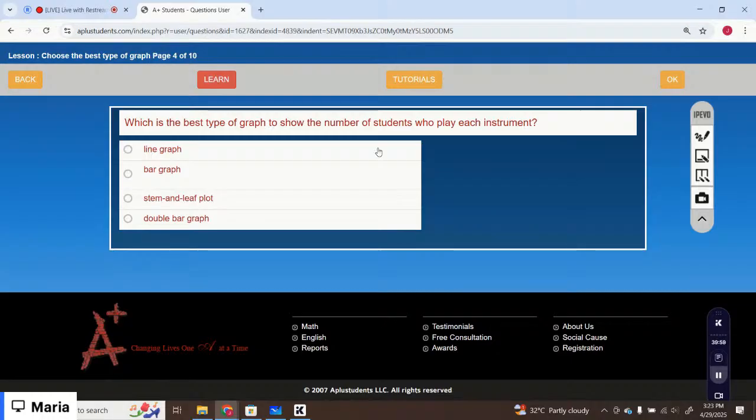So which is the correct option? Okay, that is line graph. Option number one is the correct option, that is line graph, because each instrument should be represented by the line graph.